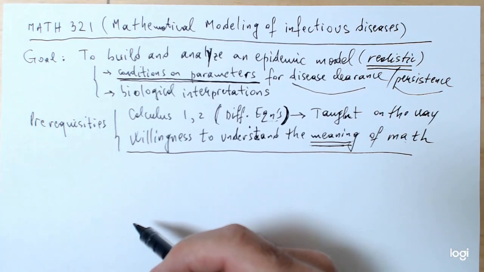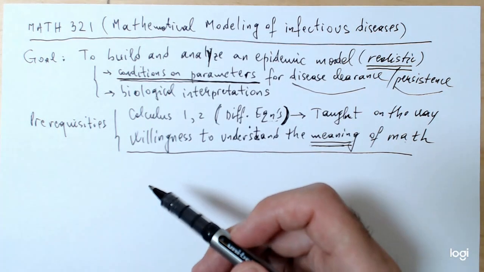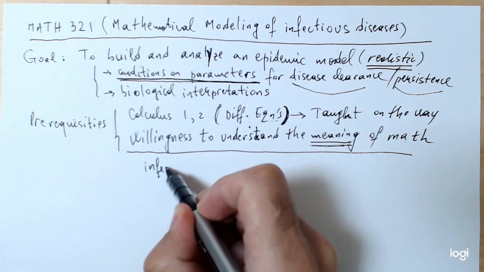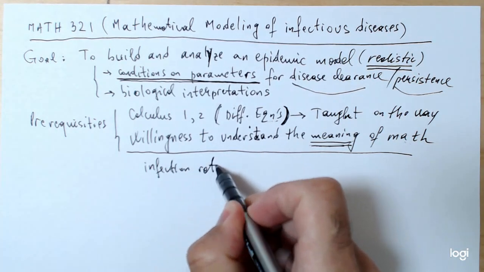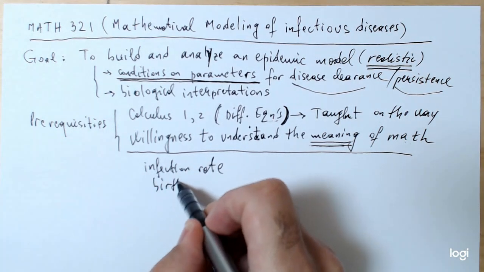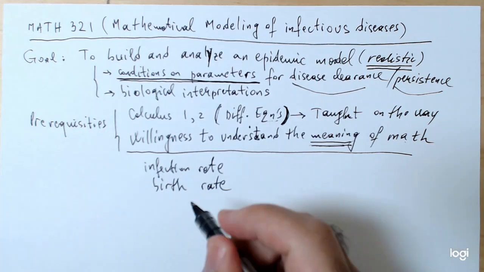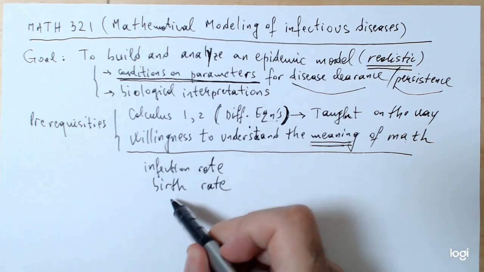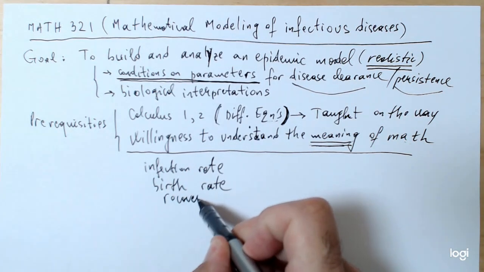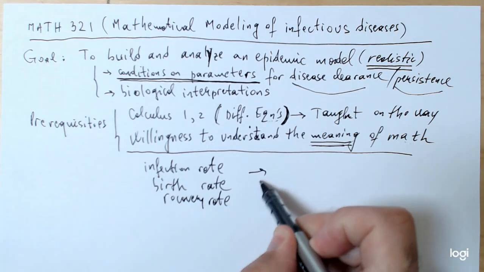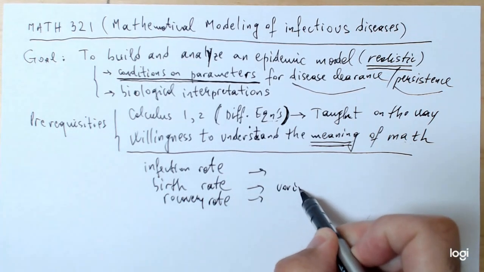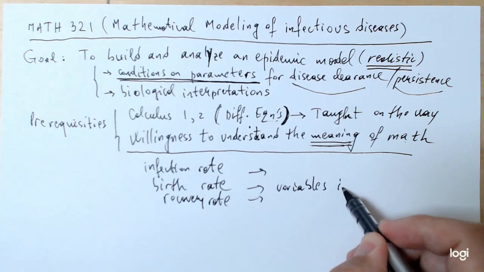So you have to make an effort to force your mind to always make connections between words like, for instance, infection rate, birth rate, recovery rate, and so on. You have to make connections with certain variables in the model.